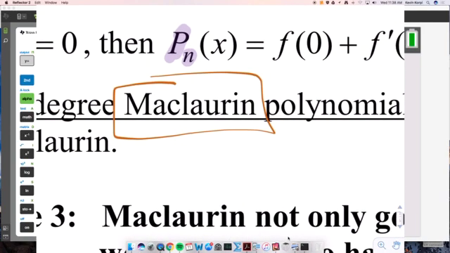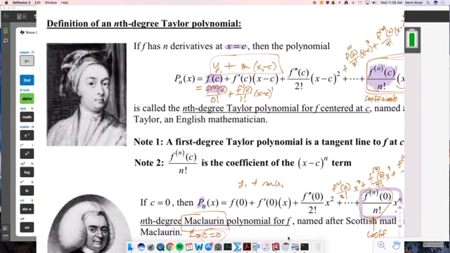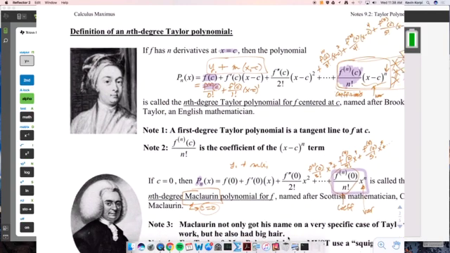So whenever you hear the word Maclaurin, you think the center is at what? 0, always, okay? So a Maclaurin series, a Maclaurin polynomial, centered at 0 all the time. It's not going to be stated. That's one of the things you have to know. Now, they could say write a Taylor polynomial centered at 0, and you'd be like, Maclaurin, right? Okay? Just like when they say Newton invented calculus, you go, Leibniz. Same thing.